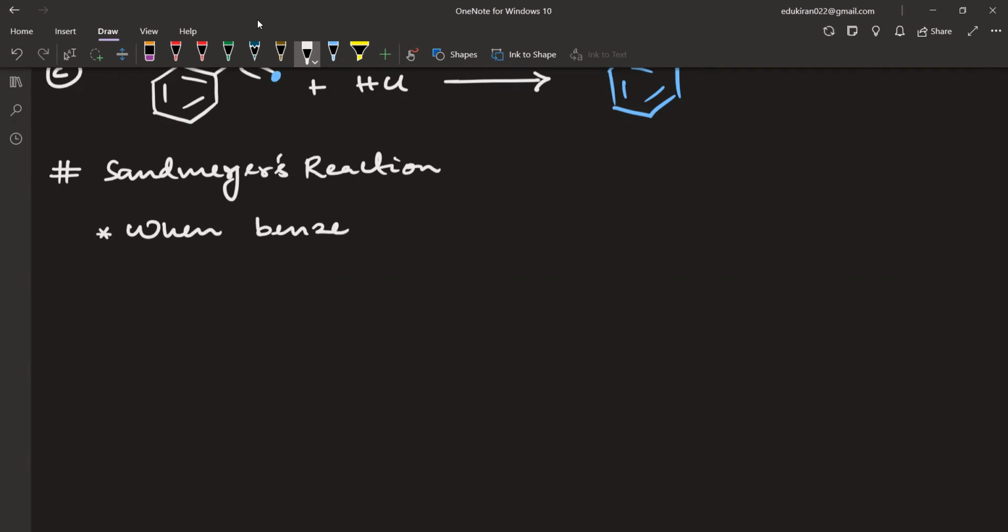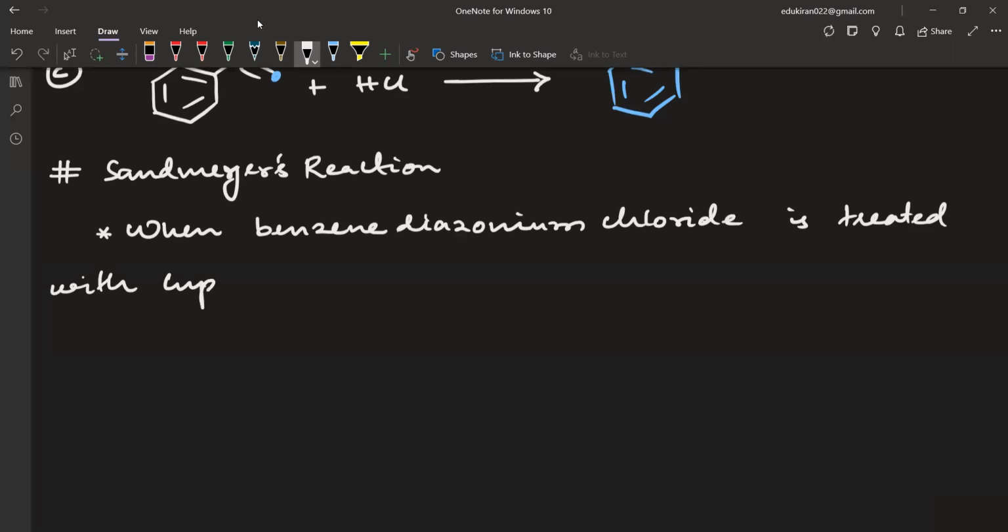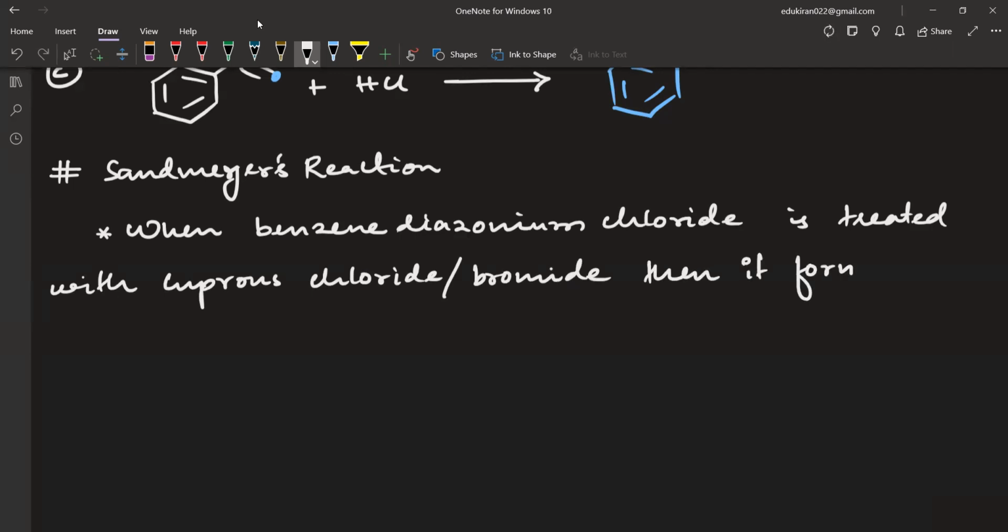When benzene diazonium chloride is treated with cuprous chloride or bromide, then it forms chlorobenzene or bromobenzene, right?